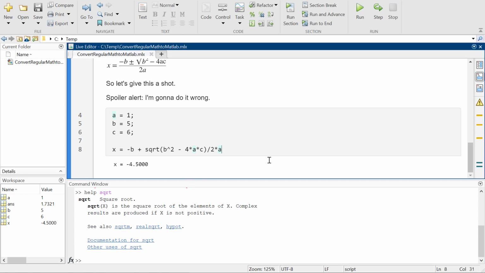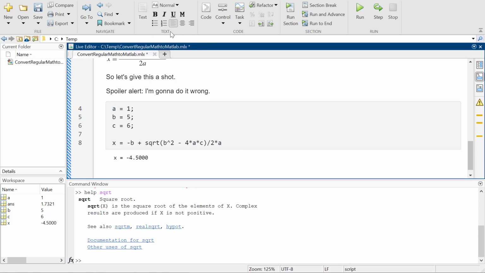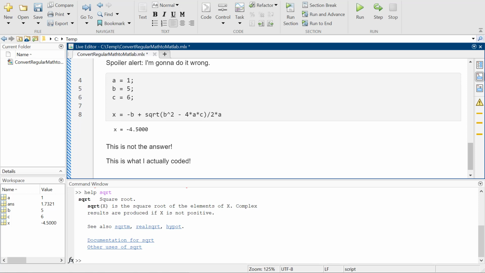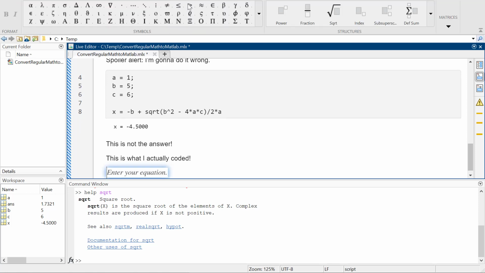But this is not the answer that I wanted. So if you're curious, this is what I actually coded. This is kind of why we talked about order of operations, because I want you to be able to look and ask, why is my code not working?